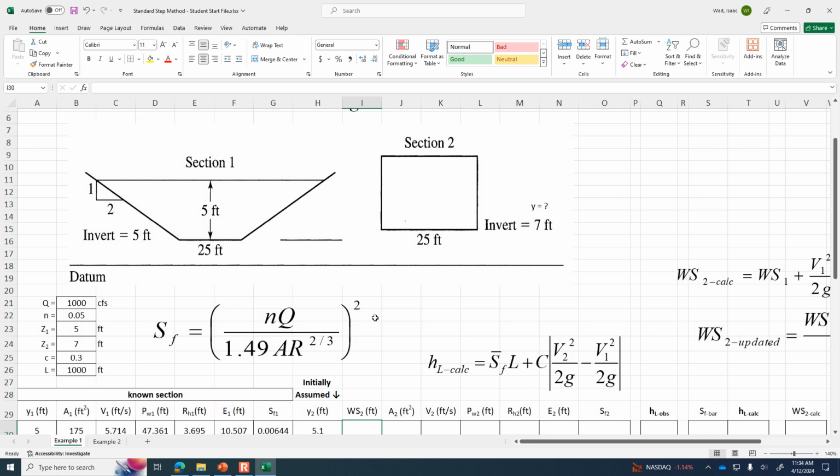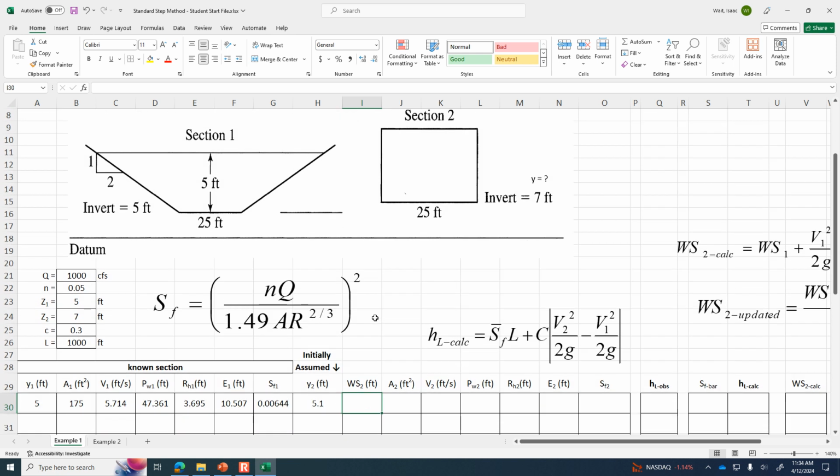So what is the water surface at 2? Water surface is defined as y plus z at that location. So it is our guess here plus z2. And I want to anchor the reference up here to z2 because z2 isn't going to change even though for each row we may have a slightly different guess for y2.